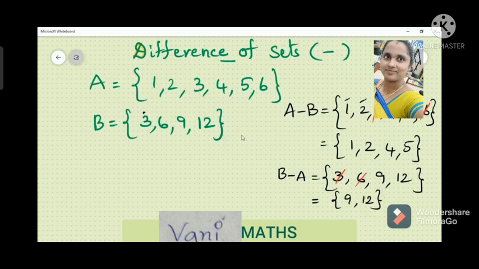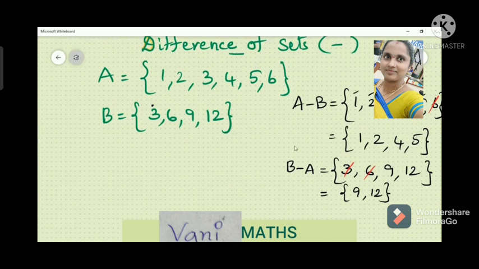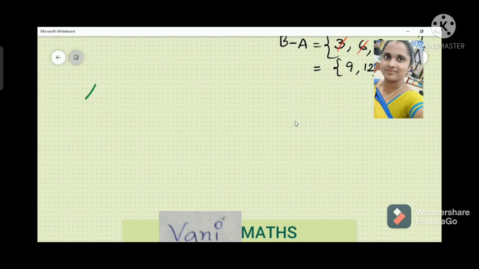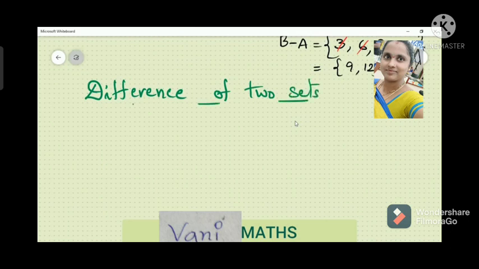So how are we defining the difference of two sets? Let us define the difference of two sets. Let A and B be two sets.